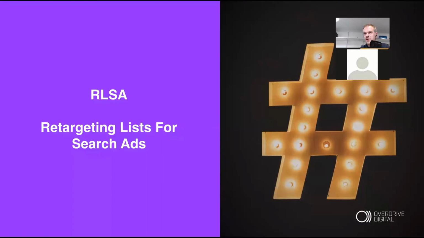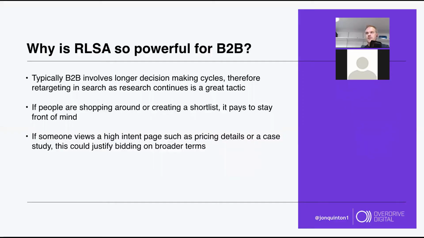Retargeting for search, I think, is one of the real key things for B2B. If you think about it, we've got a much longer decision-making cycle, right? So people research, then procurement might be drawing up a short list of suppliers, and then 2 months later, someone gets in touch, and then there's a pitch process, and all these extended processes going on here.